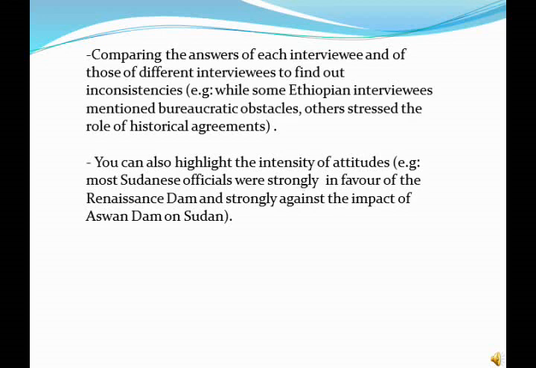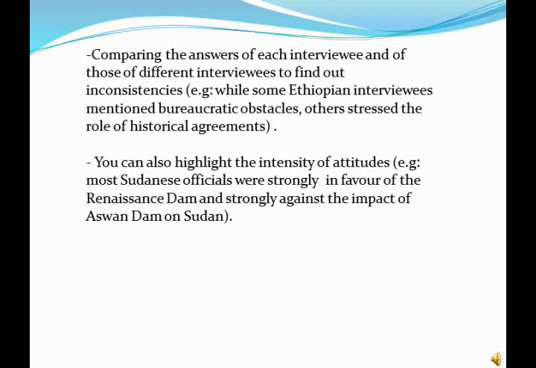But others were more open to speak about, as we said, the role of historical agreements, and how they think that these historical agreements on the Nile are actually hindering cooperation in other economic sectors. So here you can get interesting insights from comparing what different people are saying.